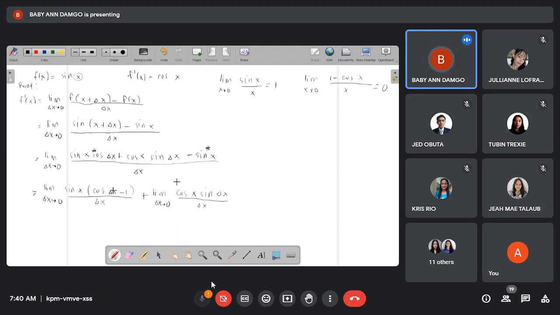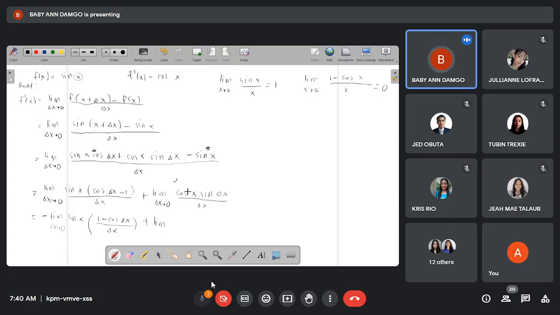So, kung maka-observe mo diri, dapat makakuha tag 1 minus cosine the change of x. So, atong buhaton, i-factor out na to ang negative. So, this is minus the limit of sine x times 1 minus cosine the change of x all over the change of x as the change of x approaches 0 plus limit.